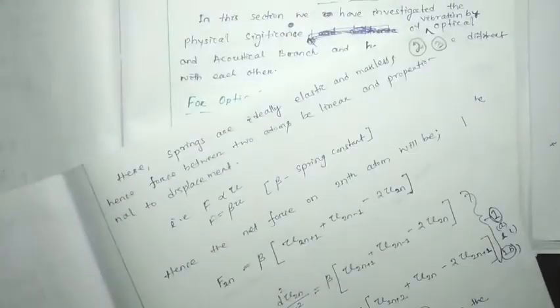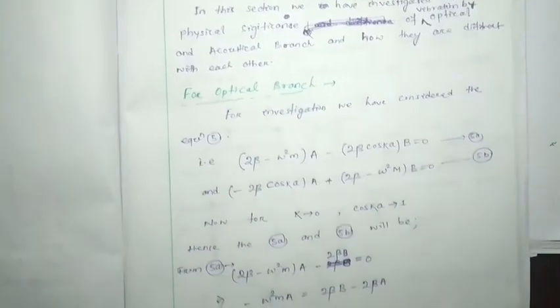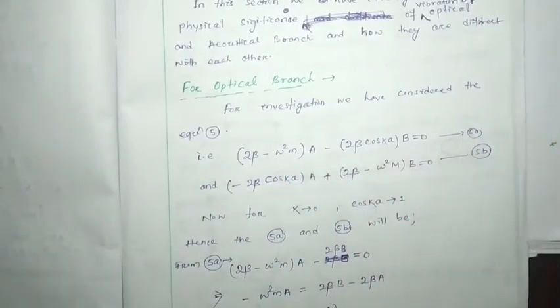From these amplitudes we can conclude how they move with respect to each other. This is 5a and 5b.